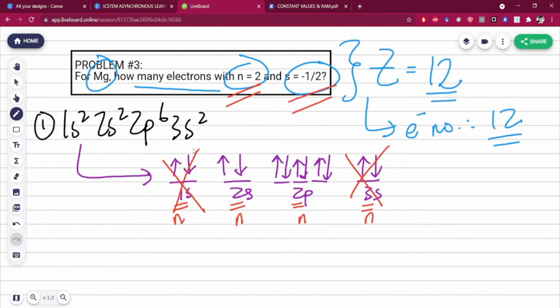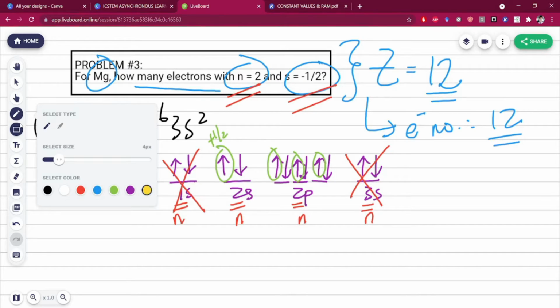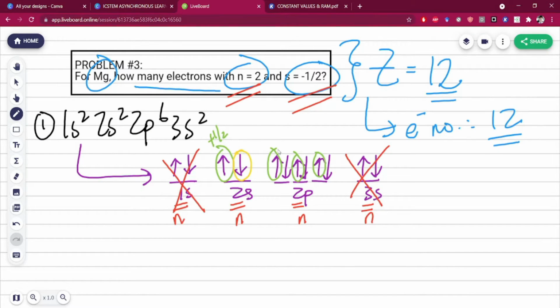Do you remember just now I told you these are considered the plus half spin, or the spin that is going clockwise. And we have those here, so that is negative half spin. So how many of that?